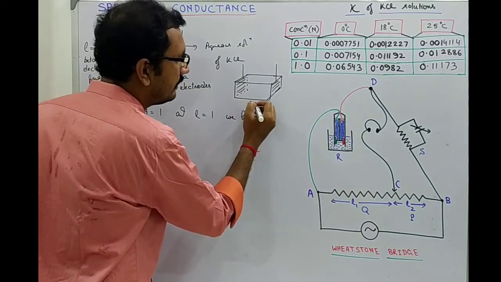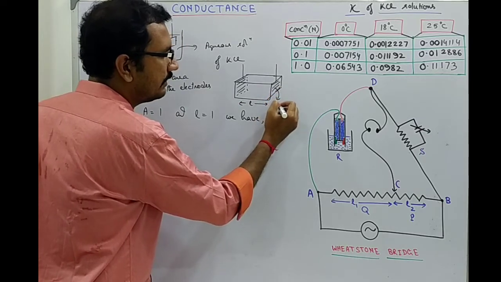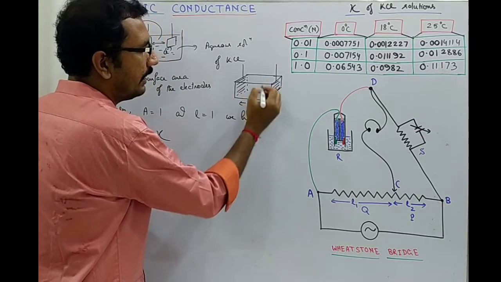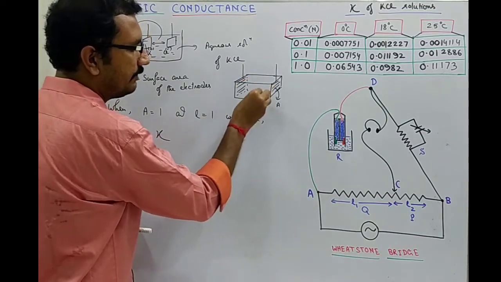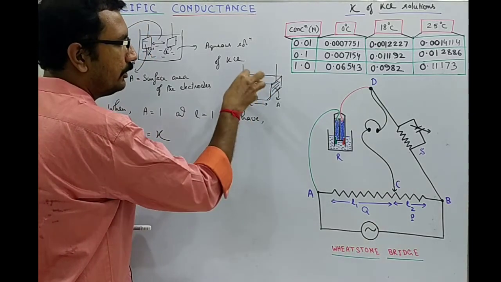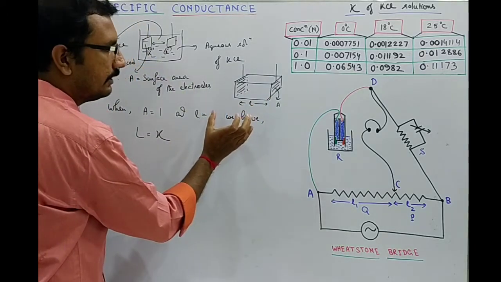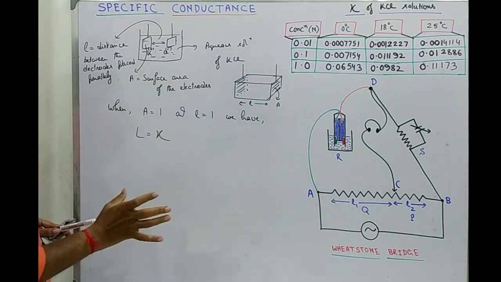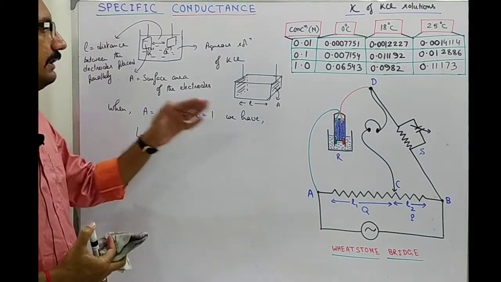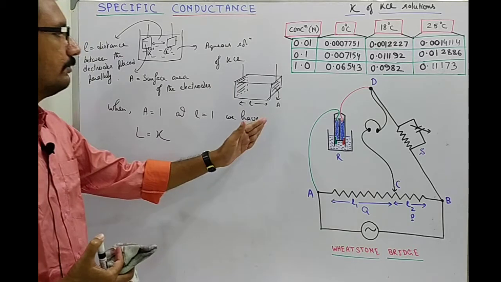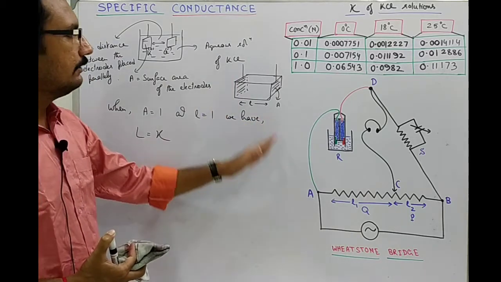If we consider the distance between them and the area of the electrodes, then we are actually dealing with the space between them. So the volume of the solution within the two electrodes is our consideration. The ions present within the volume between the two electrodes will be responsible for conductance or other parameters.